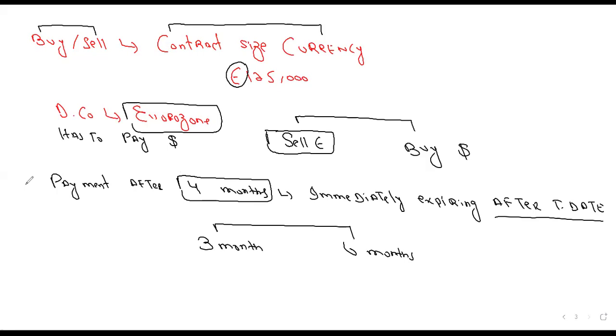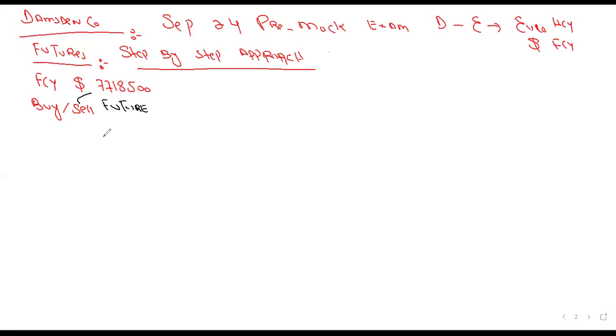So, according to the rule stated, immediately expiring after the transaction date, as we have to do the transaction after 4 months, definitely we will go for the 6 months futures. So you will say sell future 6 months price. What is the price given, guys? 1.1229. And the currency denominations are given to you as dollar per euro.